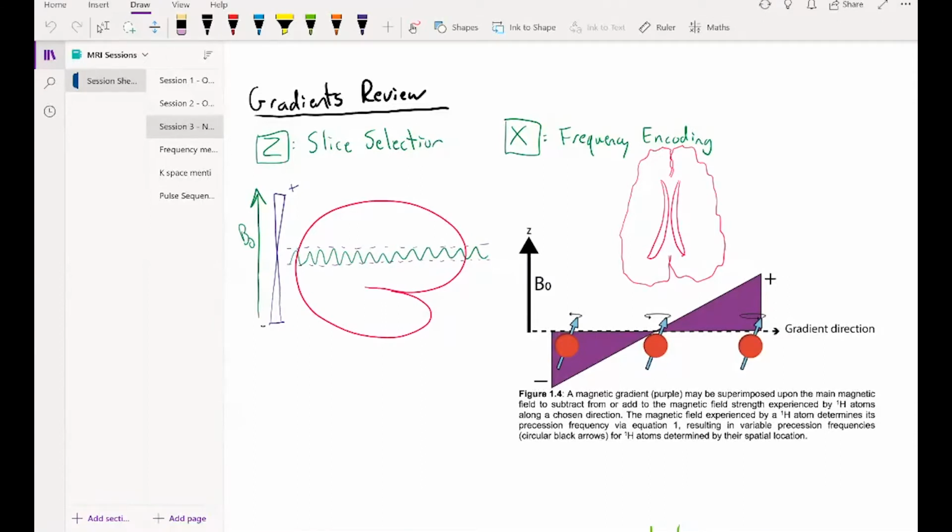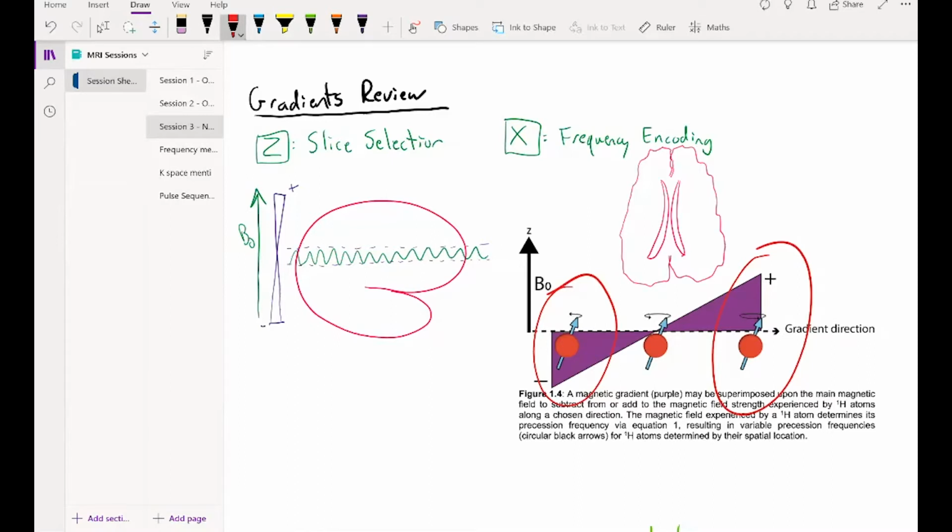That's what I'm showing in this figure that I made a while ago on the right. Hopefully you can make it out, but if not, there's a negative lobe of the gradient over here that's causing the spin on the left to precess at half the rate of the spin on the right, in this very exaggerated, pictorial example.